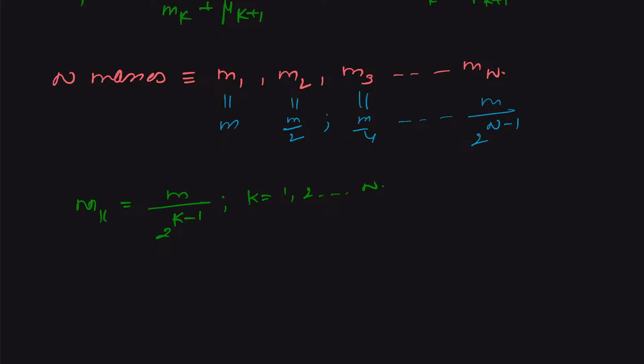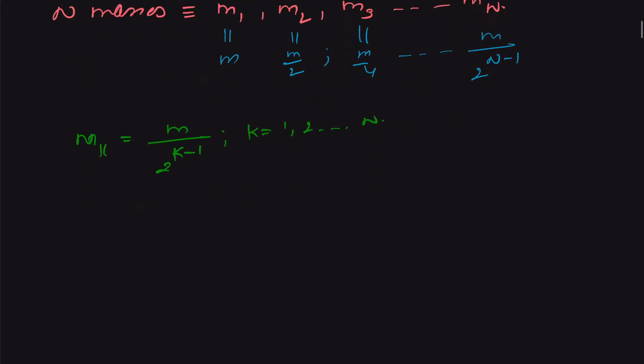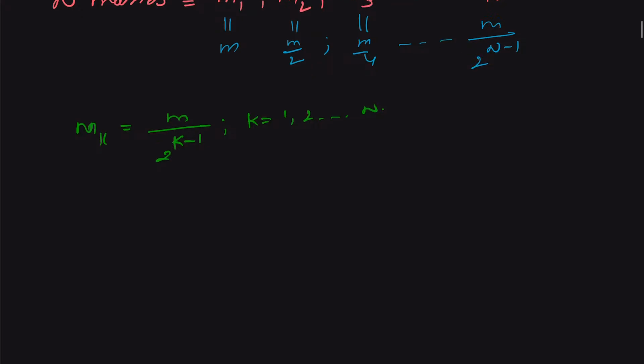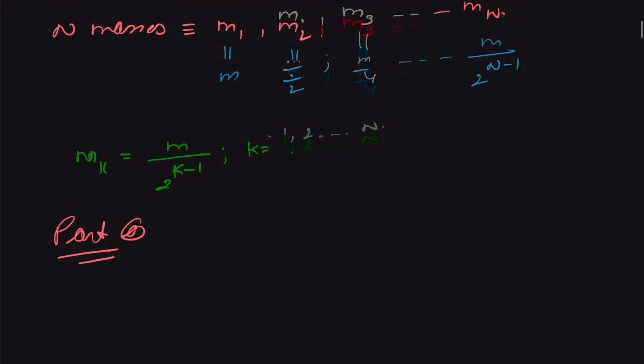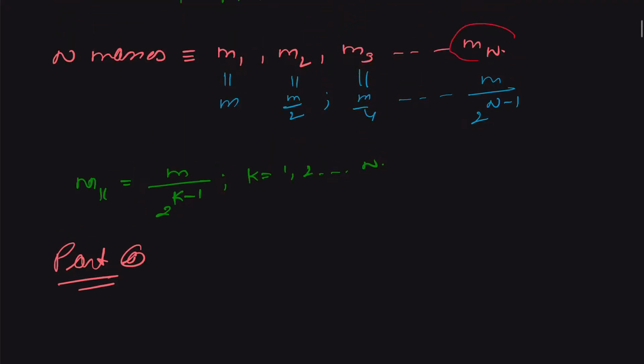Now we have two cases. So we have a part A. In part A, let us suppose it is given that we are attaching a mass m of n which is equivalent to our m minus this function.